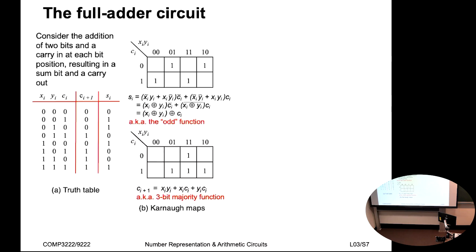And if we try and map out the sum bit, so this function here, into a 3-variable Karnaugh map with x, y being the more significant and carry being the less significant bit, it doesn't really matter which order we put them in, you're always going to get that bit pattern coming out. It's a checkerboard pattern, right?